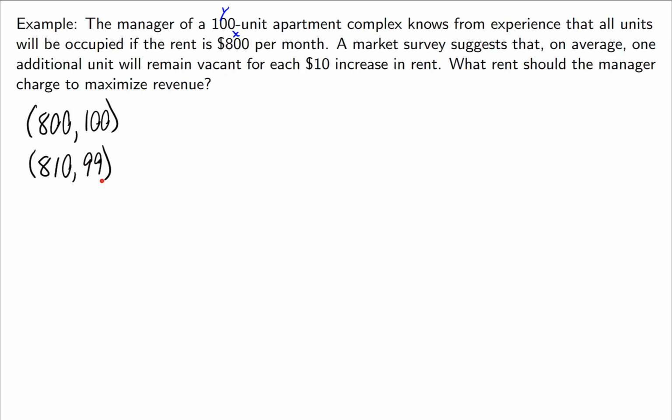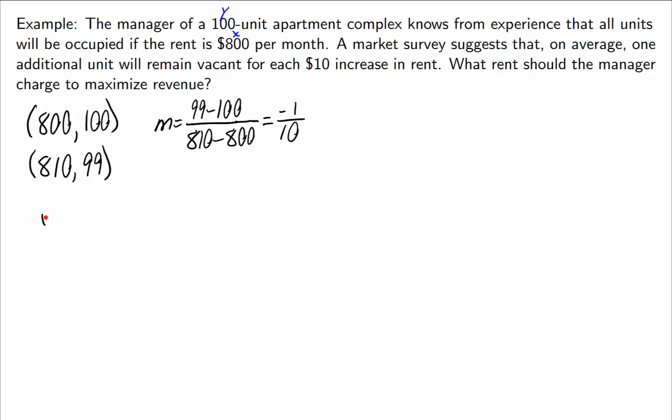And now let's calculate the equation of this line. That'll be our demand, which we can then create the revenue and maximize. We'll start with the slope, which is 99 minus 100 over 810 minus 800. That gives me negative 1/10 as my slope.